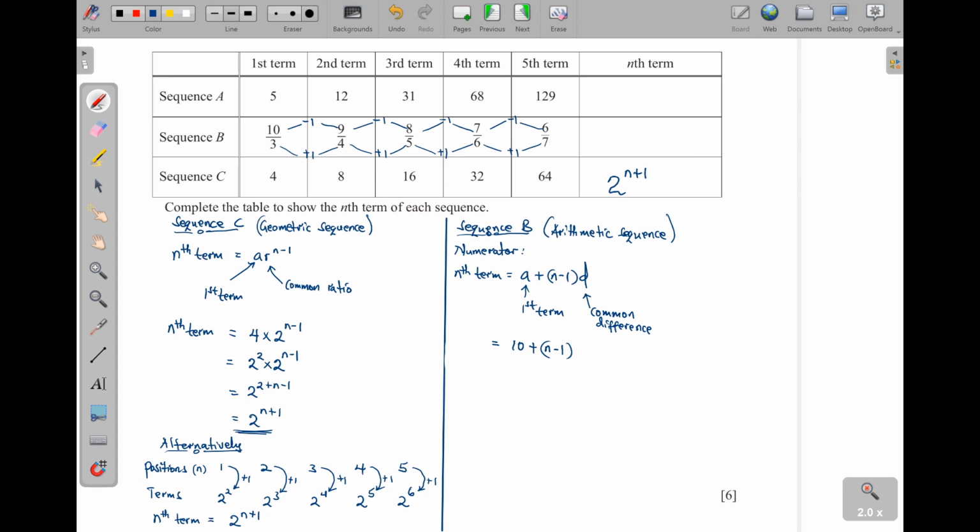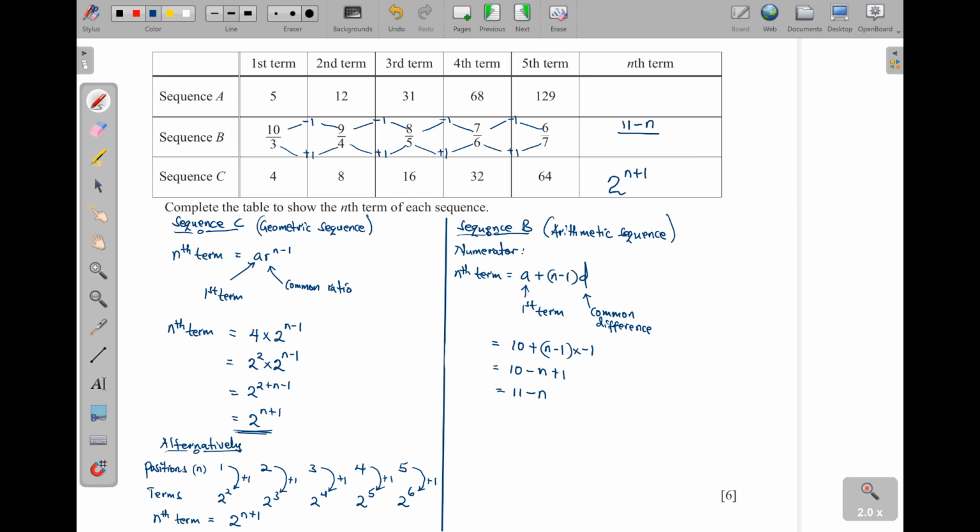Our d is the common difference. We are subtracting 1, so put here negative 1. Now open the brackets: 10 minus n plus 1, because the negative affects everything here. 10 plus 1, you will get 11, then minus n. 11 minus n, that is for the numerator.